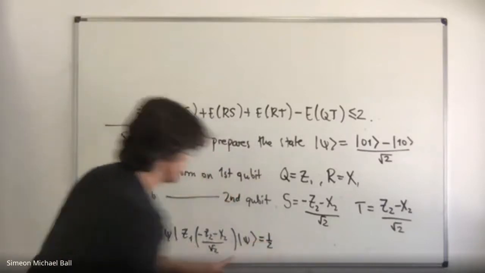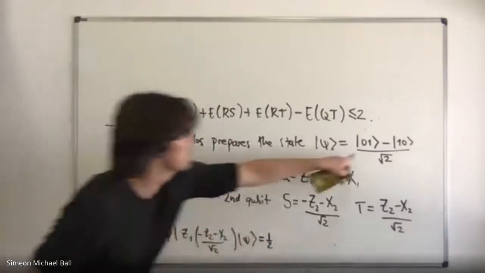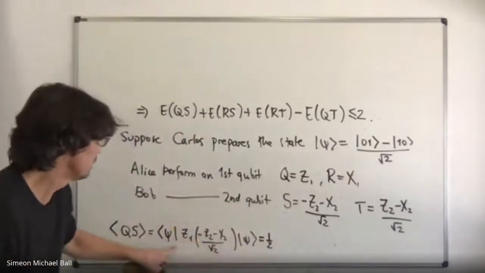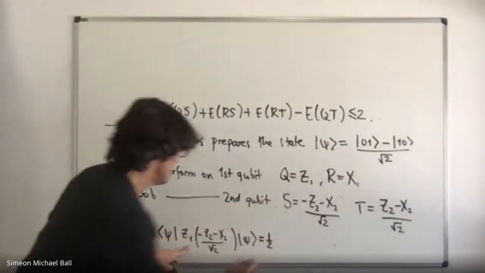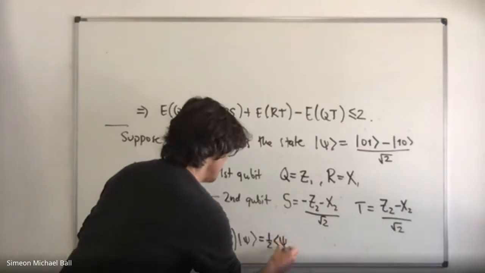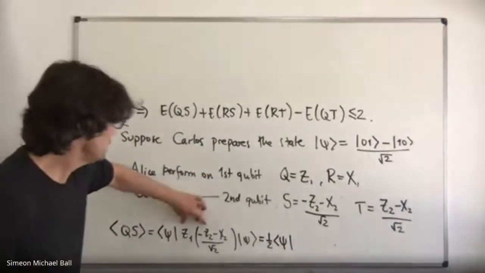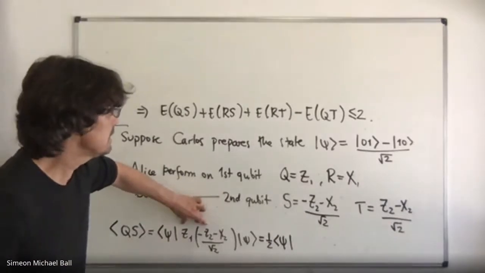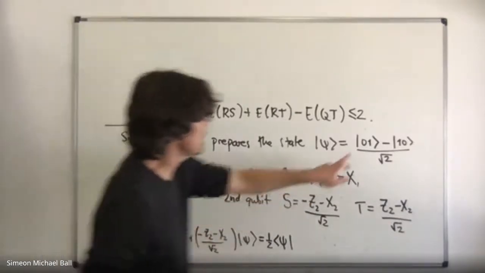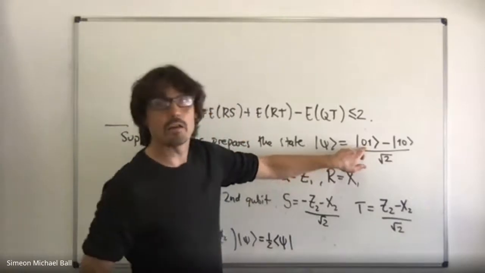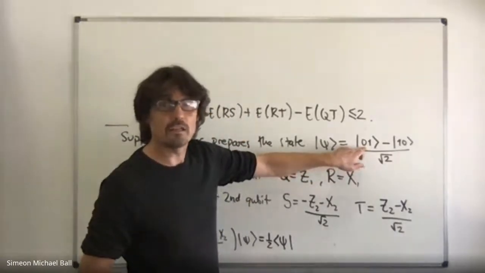I'm going to substitute in as well this psi here. So we're going to have half that, and now I want to do minus Z1, Z2. Remember Z1 just flips the sign if there's a 1.